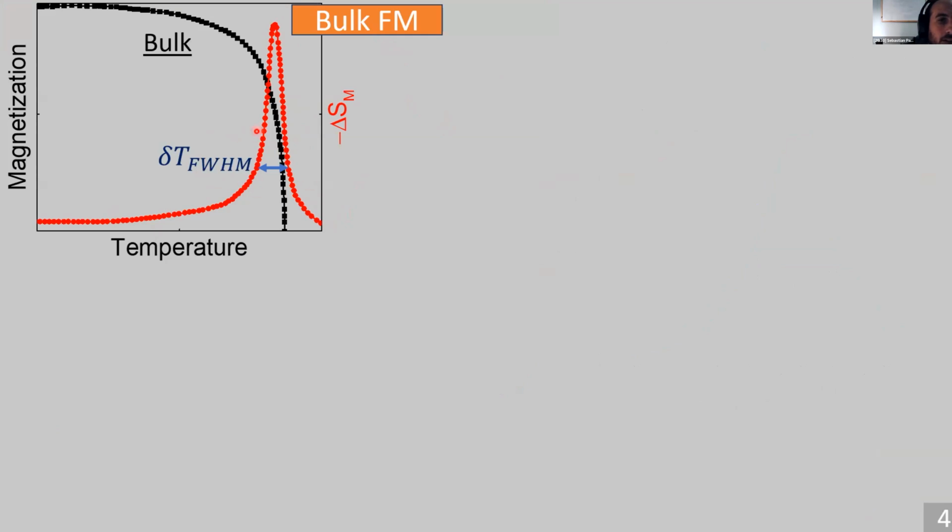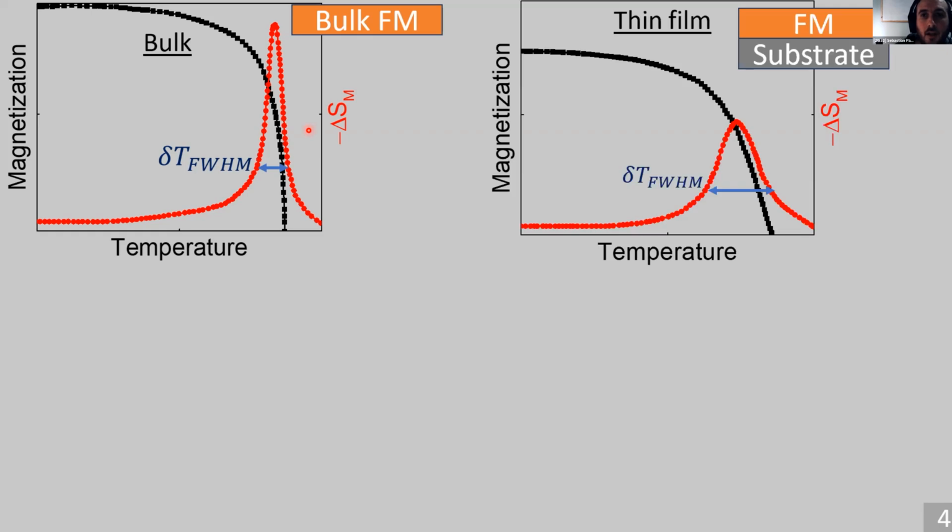The delta T, the temperature range where you can operate, is narrow, about 20 Kelvin. If you want to broaden this curve to get a material that can be used in a more extensive temperature range, you can grow thin films of this material.